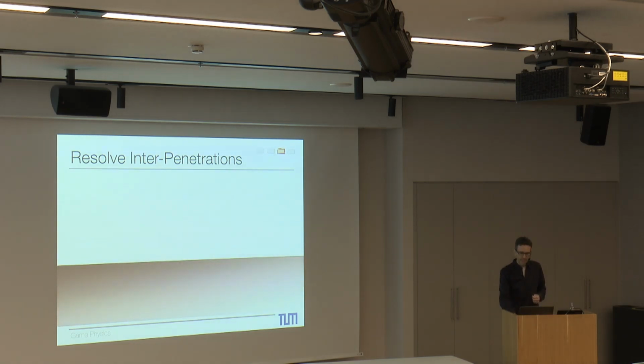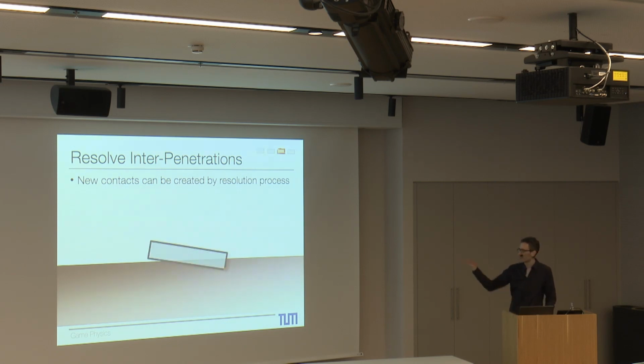Also, what's typically not happening is, if we have a case like this one where we only find, say, one edge of the box colliding, and we apply a similar resolving update, suddenly in this example, the right side could start a collision with the floor.